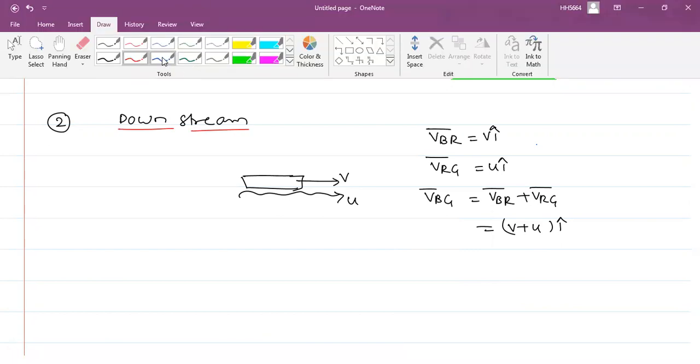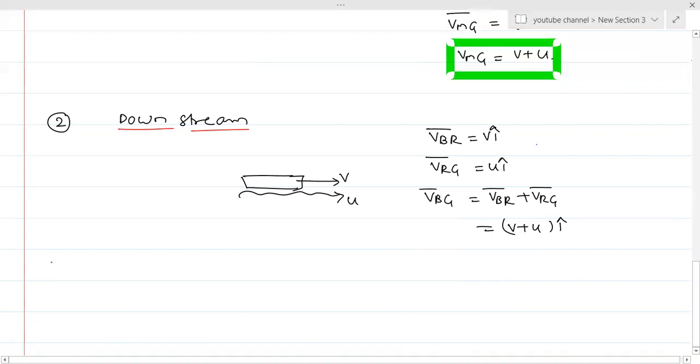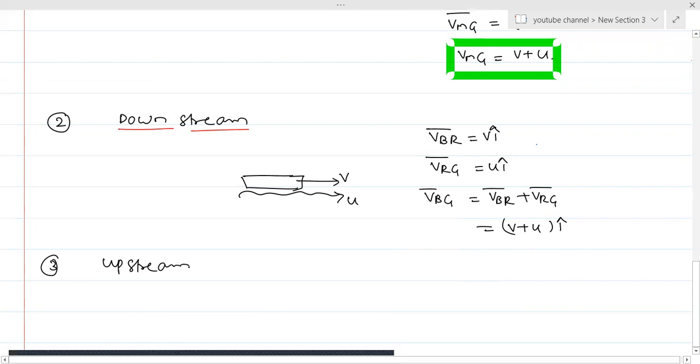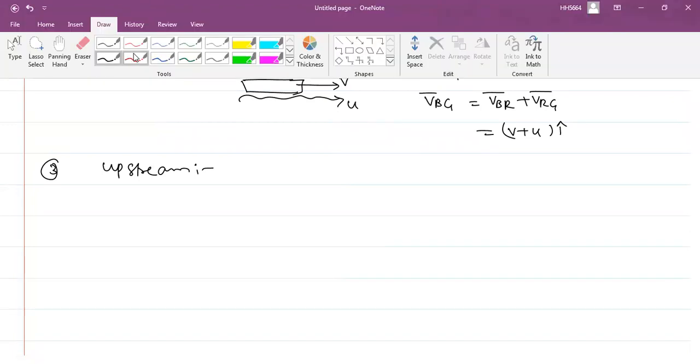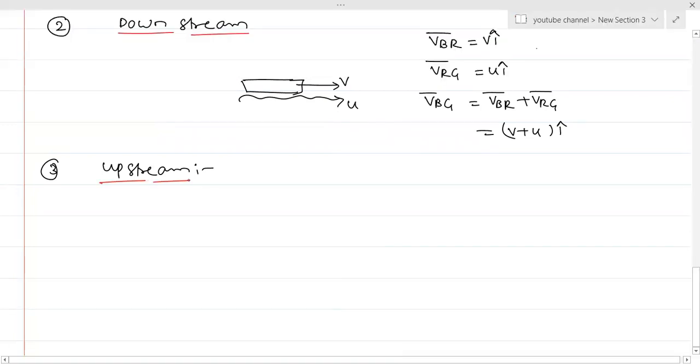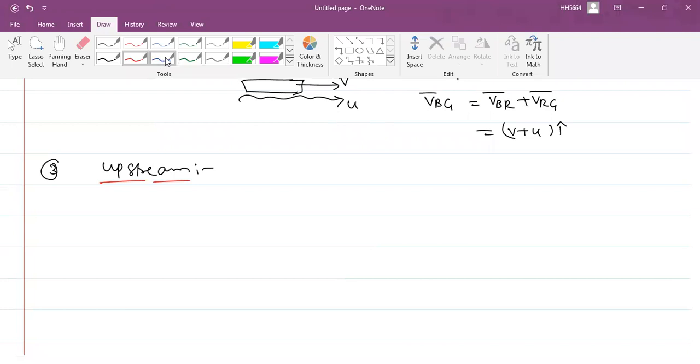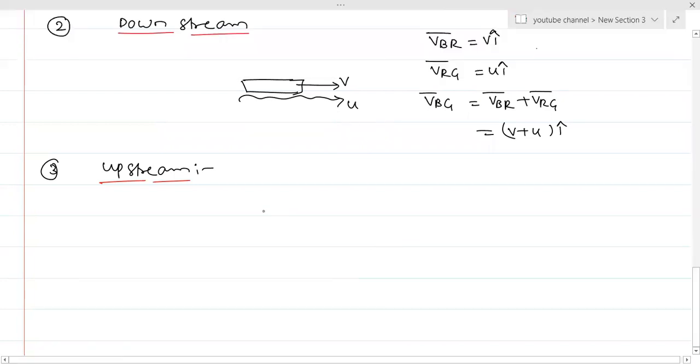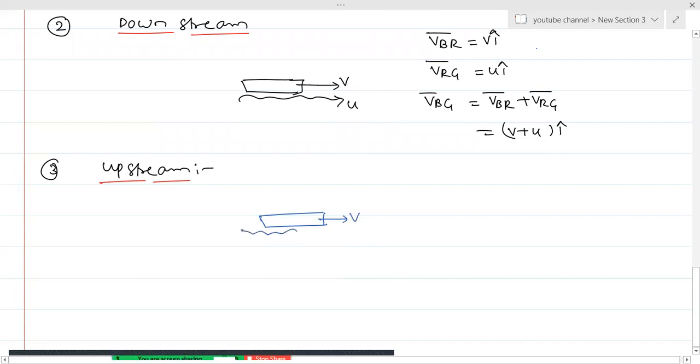Next we are taking one more application in this special case, that is upstream. For example, if the river is moving against the boat's flow: the boat is moving with a speed v with respect to the river, and the river is moving in the opposite direction with a speed u.